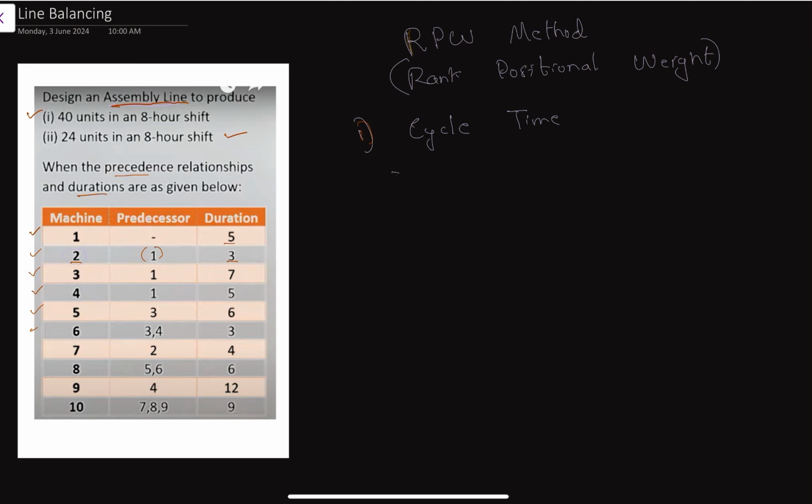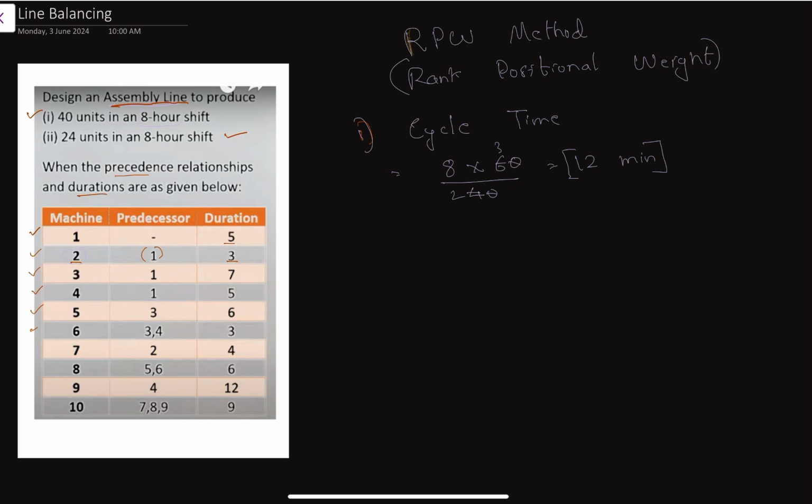It is given that it is an 8-hour shift. So 8 into 60, that is the total minutes, divided by 40. You will get 12. So the cycle time is 12 minutes. That means every 12 minutes, a product is manufactured.